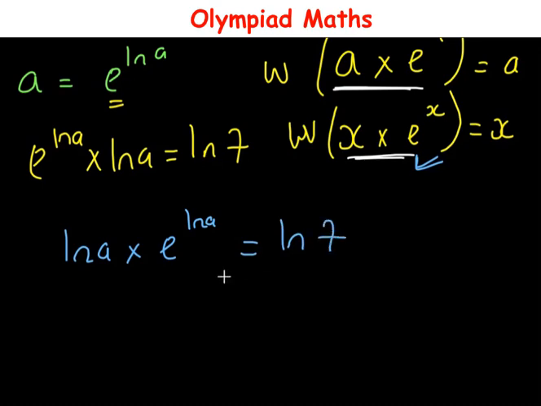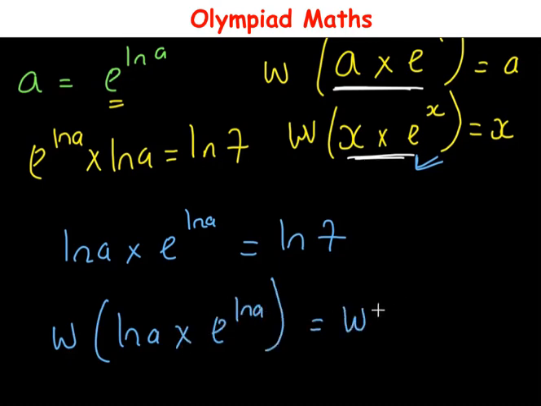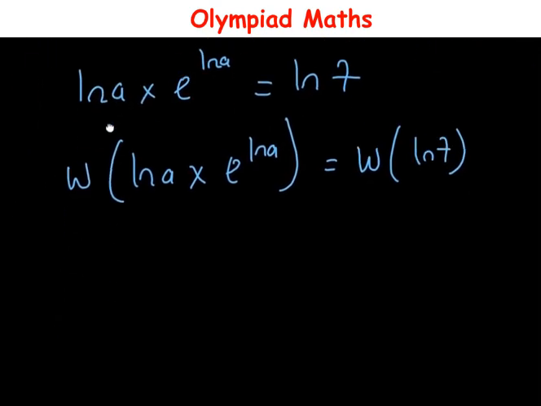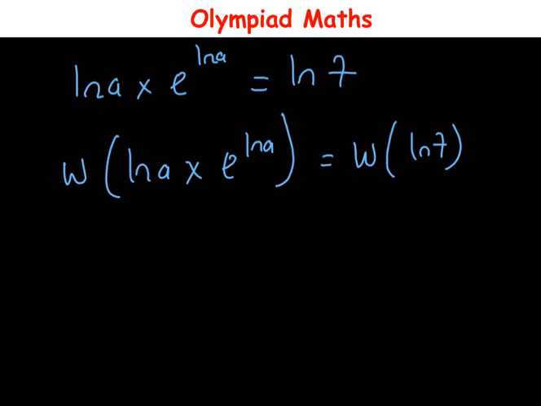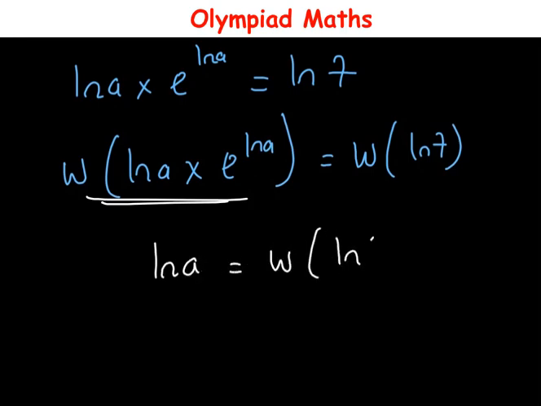We then apply the Lambert W function to this expression, so this becomes W of ln a times e to the power of ln a is equal to W of ln 7. By the time you apply the Lambert W function to the left side, what you will get is ln a is equal to W of ln 7.